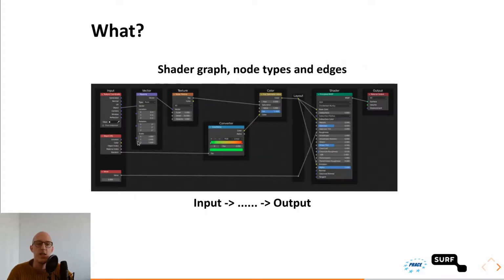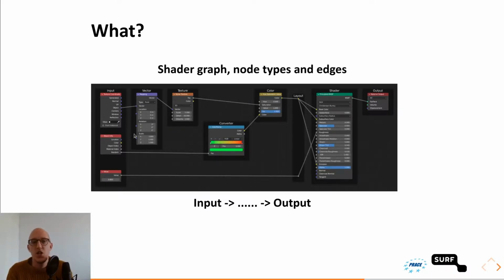And basically it's a pipeline going from inputs, for example, texture coordinates, object information such as the location, the color of the object, the index, the material index, or even a random value, or just a value that you define yourself, to different types of nodes in between connected by these edges, and then towards the shader, the BSDF, and then towards the surface of the material output, and then it creates an image based on all of what has been defined before that.